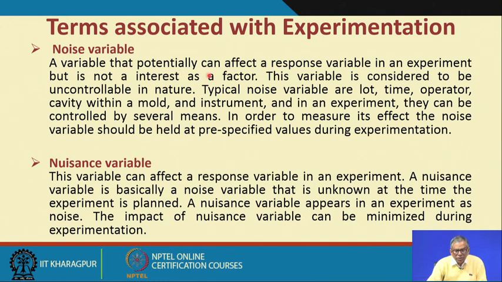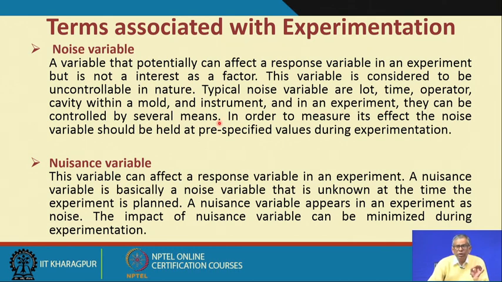A noise variable is a variable that can potentially affect a response variable in an experiment, but is not of interest as a factor. This variable is considered to be uncontrollable in nature. Typical noise variables are lot size, time, operator, cavity within a mold, and an instrument, and in an experiment they can be controlled by several means.